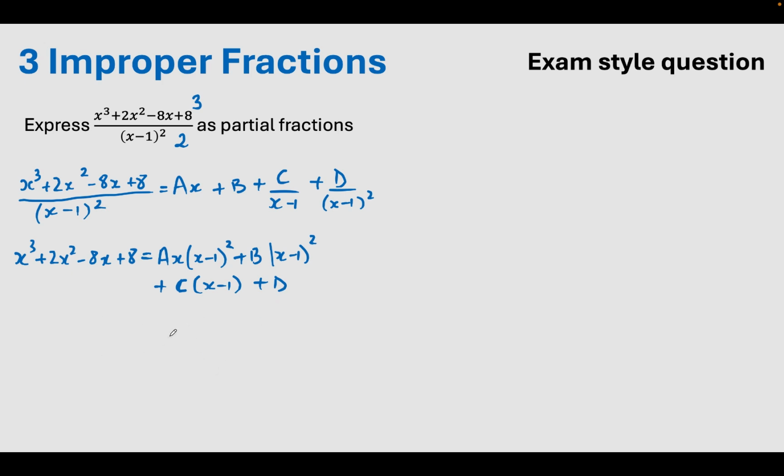Now, let's go and start by saying let x equal 1. Now if I let x equal 1 on the left hand side, I'll get 1 plus 2, 3 minus 8 plus 8. So this just becomes 3. And a will cancel, b will cancel, c will cancel, and I'll just get d. So that's the nice first easy one, d is 3.